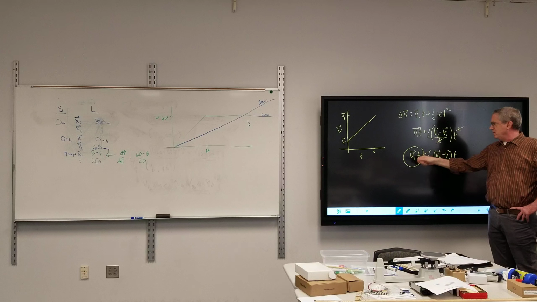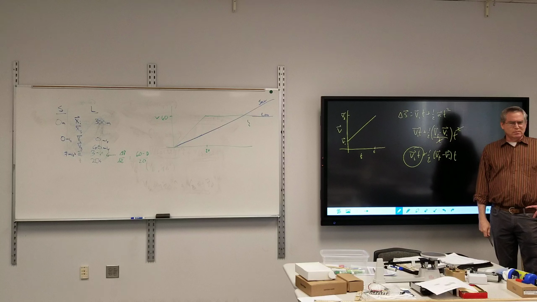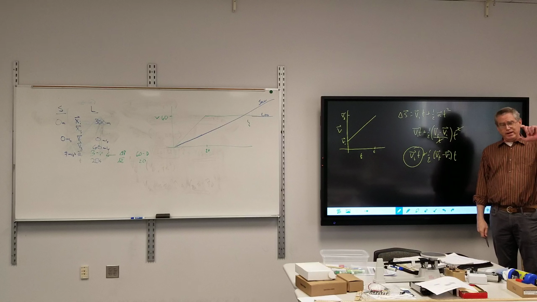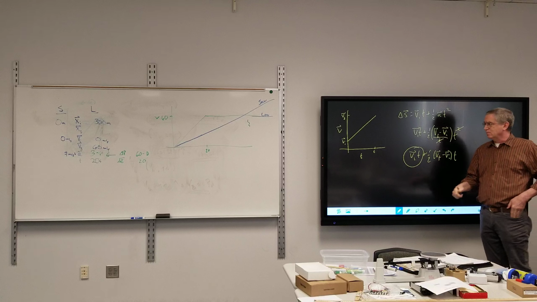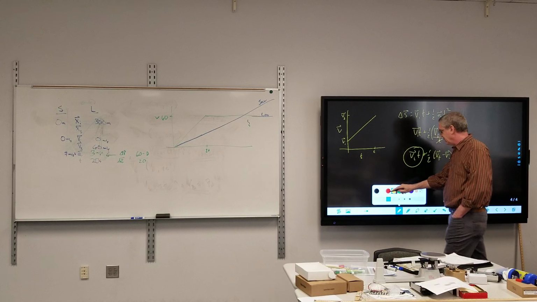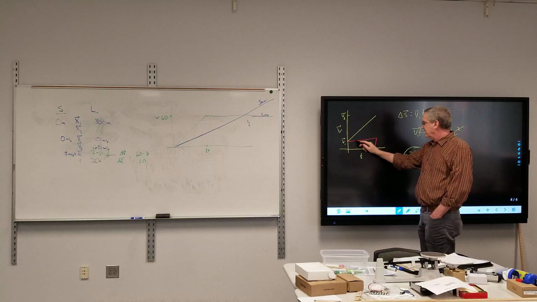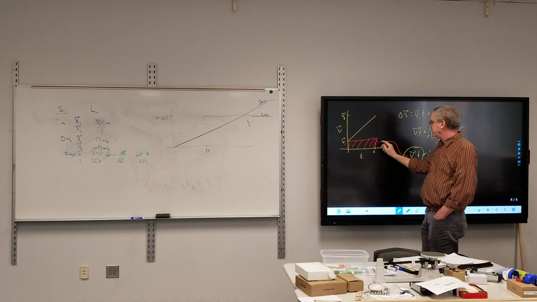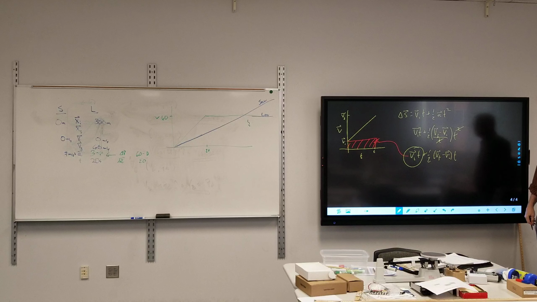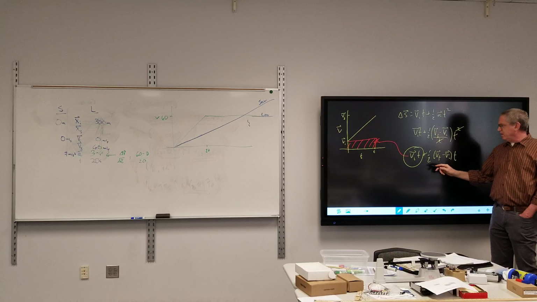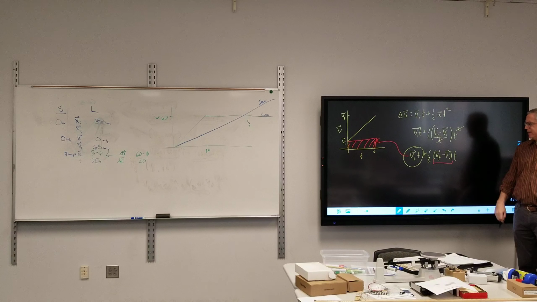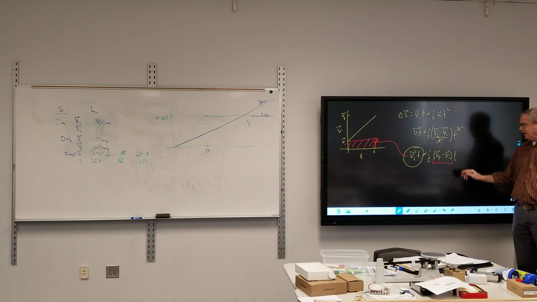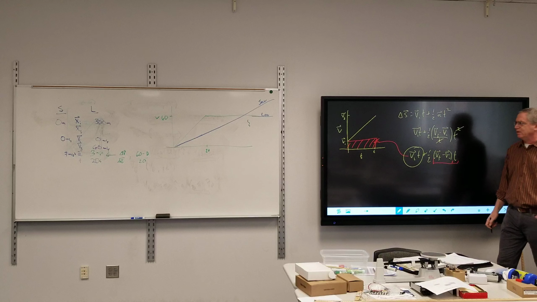So this right here, if I have a rectangle of height VI and a length of T, it's the area of the rectangle. In other words, it's just the area of that rectangle right there. This right here, I have 1/2 times, well, if I have a triangle with a height of VF minus VI and a base of T, this is the area of a triangle. 1/2 base times height.